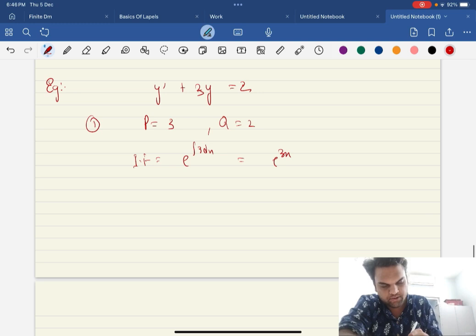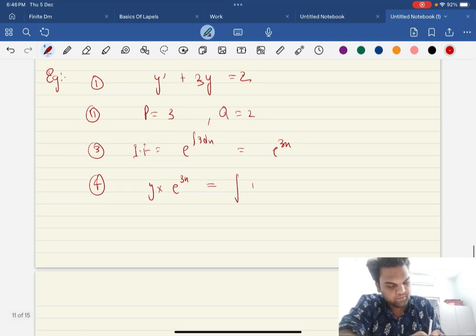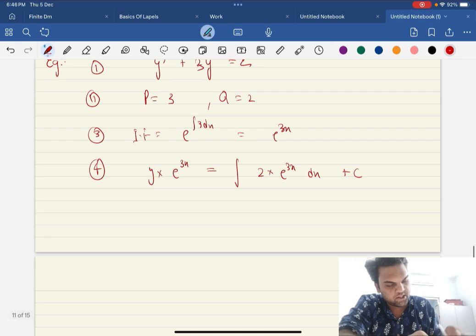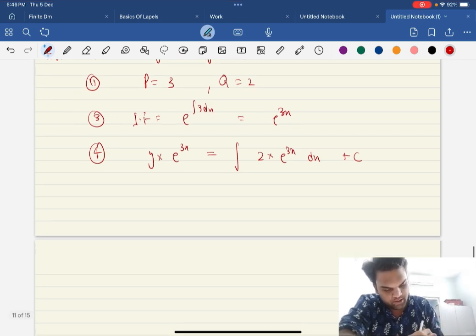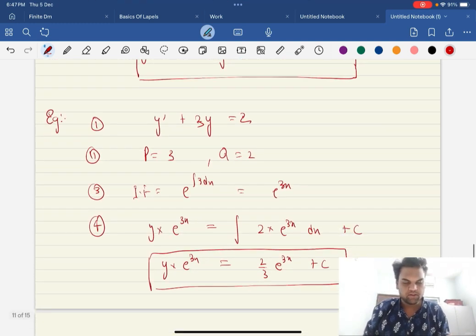First step is this, second step is this, third step is finding the integrating factor, and the fourth step is putting it in the formula. Then y times the integrating factor e^(3x) equals the integral of q, 2, times e^(3x) dx, plus c, which is an integrating constant. Now the solution is y e^(3x) = (2/3) e^(3x) + c. This is the required solution for the given differential equation. This is the family of curves.